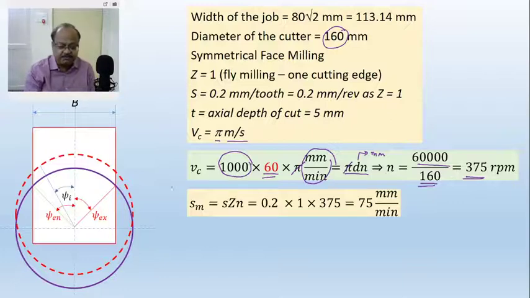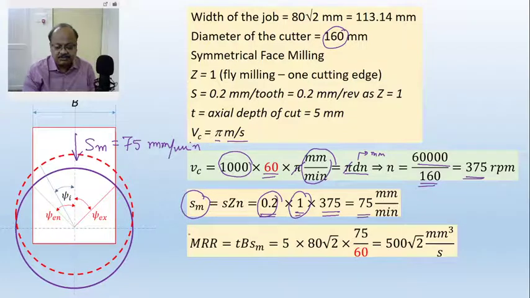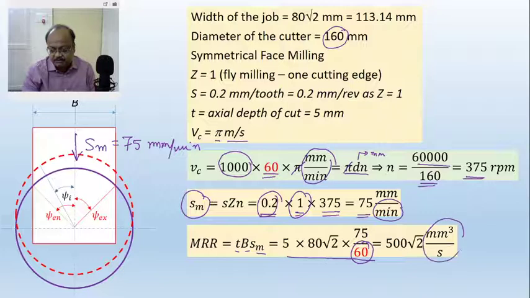Once you get the RPM, you get the feed rate S_M, with which the job is approaching in this direction. This S_M is 0.2 into 1, since this is a fly milling cutter with one cutting edge, Z, into 375. That calculation shows it is 75 millimeter per minute. So material removal rate becomes T into B into S_M. This gets divided by 60 because this was per minute and I want to calculate in millimeter cube per second.